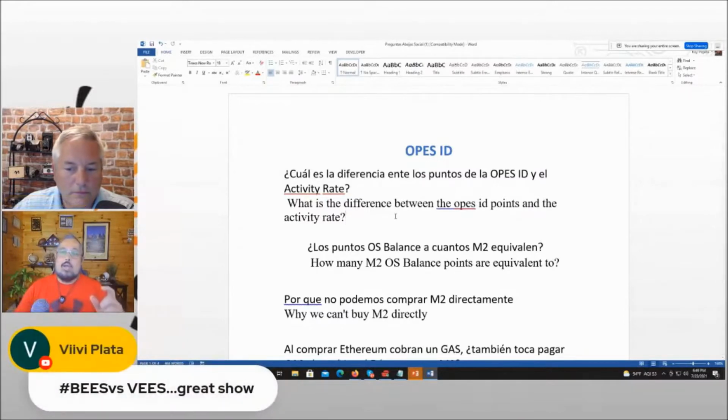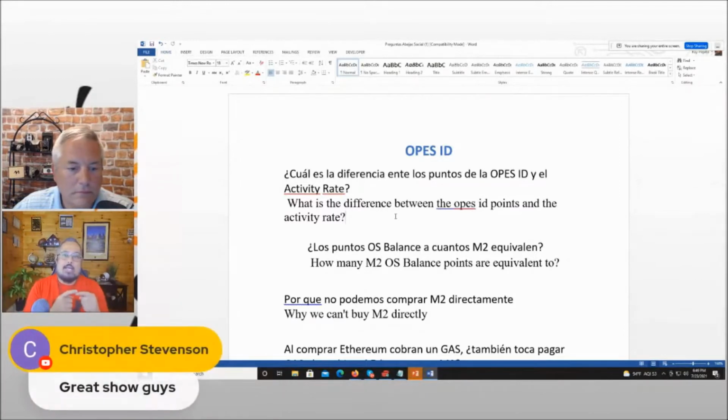Okay. When you're doing the points, when you're doing the supporting, that is you're creating OS. The activity rate is about whether you do it every day. If you do it every day, your activity is increasing.